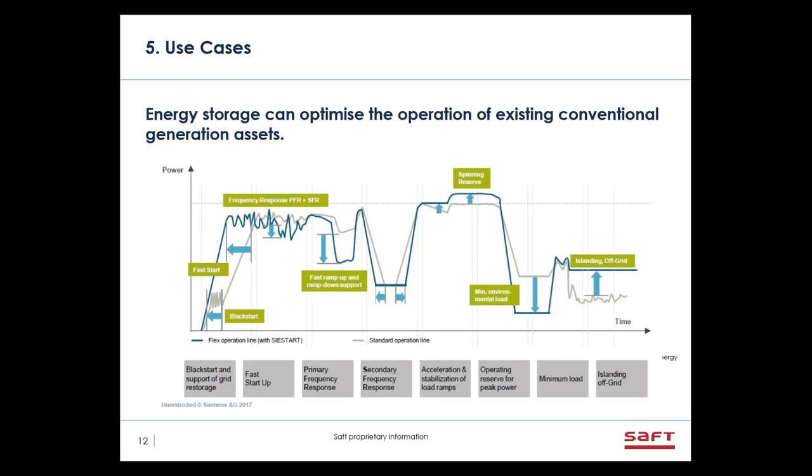So you see an overview here. We are talking about black start, we are talking about ramping, we are talking about frequency response or spinning reserves, or even islanding. There is a multitude of these applications.